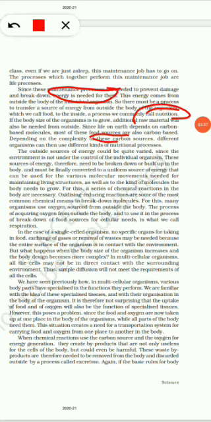The outside sources of energy could be quite varied. It can be different since the environment is not under the control of the individual organism. The source of energy therefore need not be broken down or built up, and must be finally converted to a uniform source of energy. So what is the uniform source of energy for human beings? It is ATP.